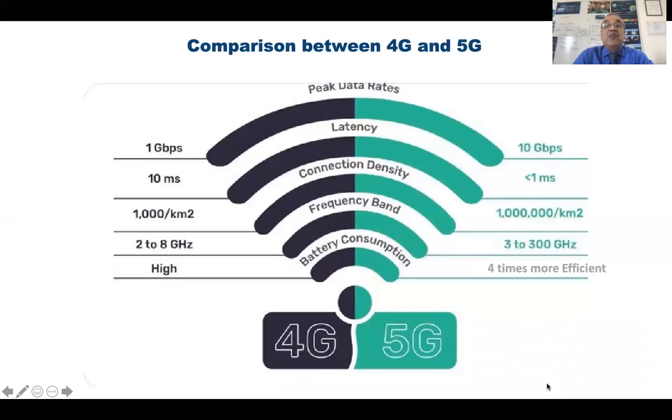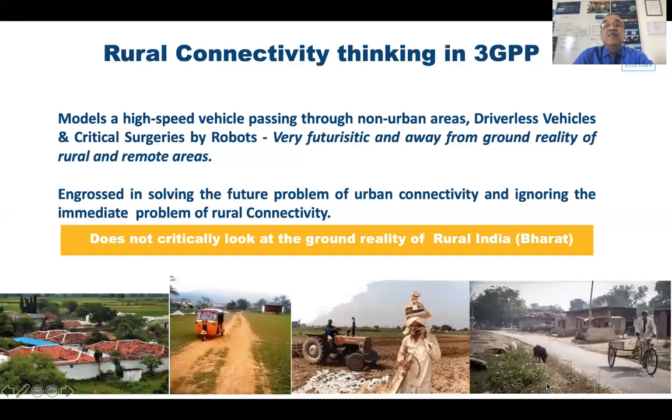Same thing has happened to latency. Latency was up to 10 millisecond, and now we are talking of less than 1 millisecond. And then, of course, connection density, frequency, bandwidth consumption. So there is a quantum jump when we move from 4G to 5G.